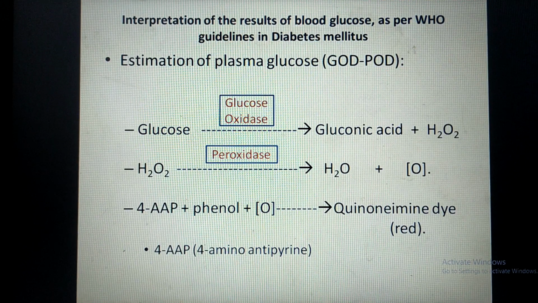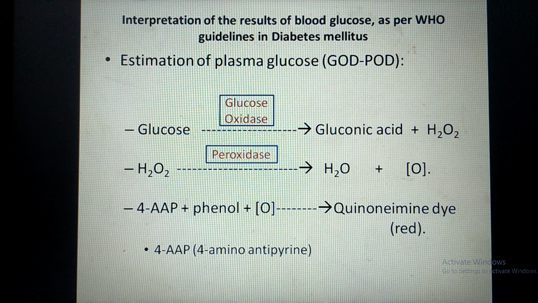The principle of this glucose oxidase method is the enzyme glucose oxidase acts on glucose and converts it into gluconic acid and hydrogen peroxide. Now this peroxidase enzyme acts on hydrogen peroxide, releases nascent oxygen. Now this nascent oxygen combines with 4-amino antipyrine and phenol, which are already present in reagent along with glucose oxidase.